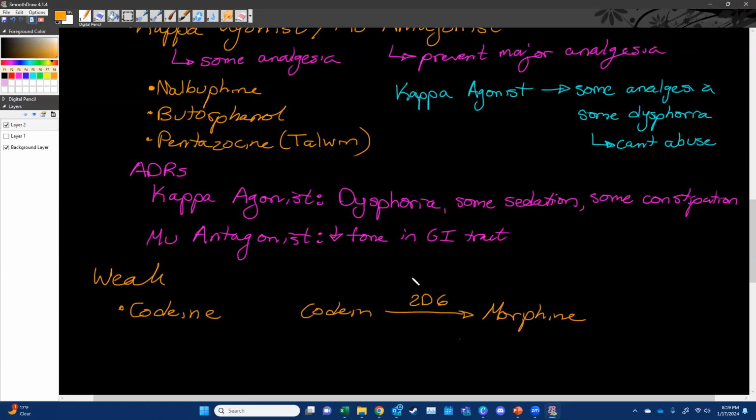The problem is that this is a really, really slow process. Sorry, I misread my label. What ends up happening is that codeine, I think, gets sent through 3A4 into inactive metabolites.